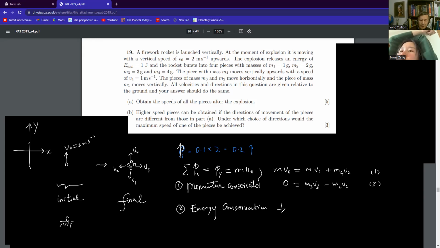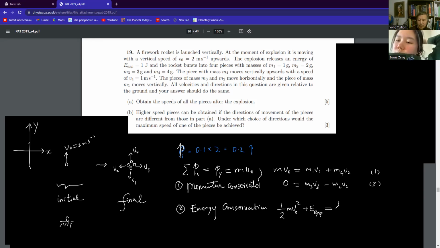That is a total mass, the total kinetic energy initially: half M V naught square. In addition, the explosion releases extra energy, due to, say, chemical energy, so you have to add this energy. That's called E explosion. That's initial, right? Now, how about the other?